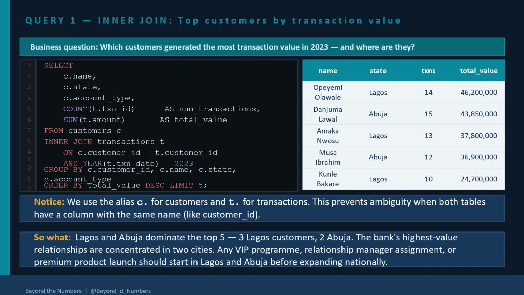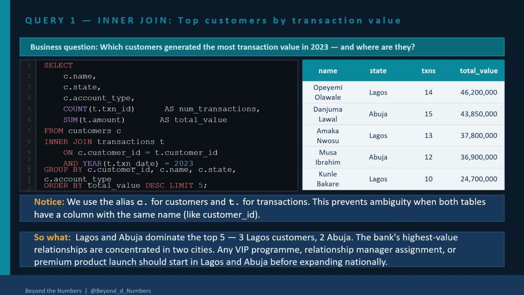Now look at the results. We have Okoyemi Olawale in Lagos, 14 transactions, 46.2 million naira. Danjuma Lawal in Abuja, 15 transactions for 3.8 million. The so what question that comes to your mind is: the bank's highest value relationships are concentrated in 2 cities.